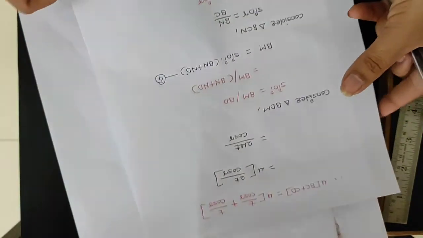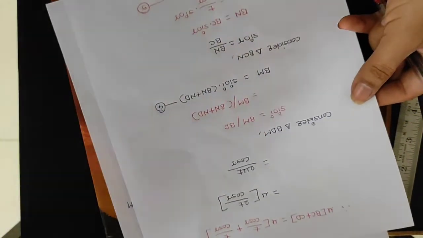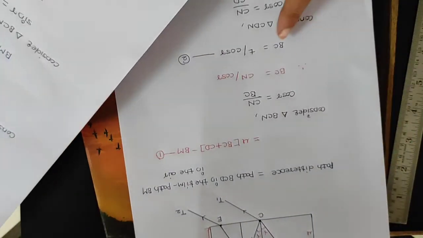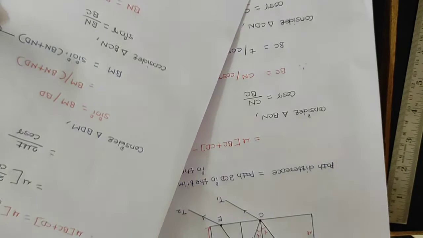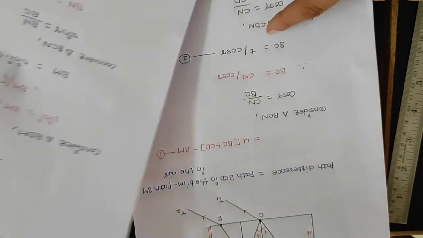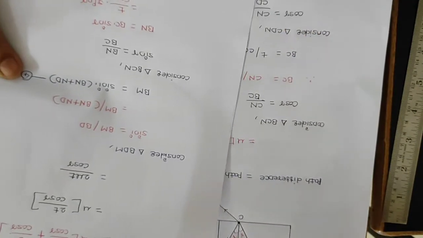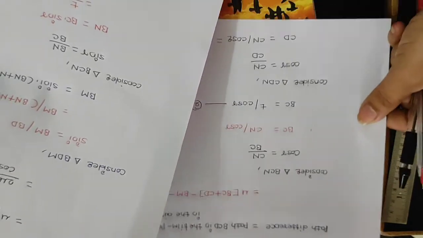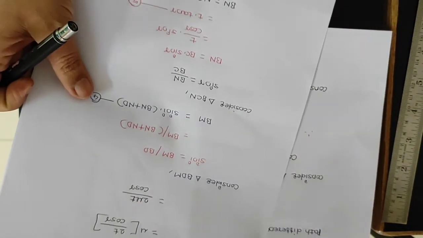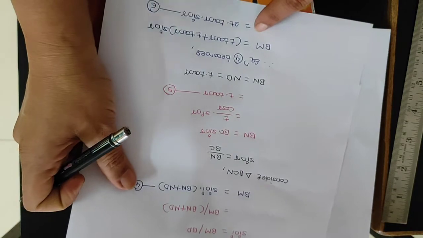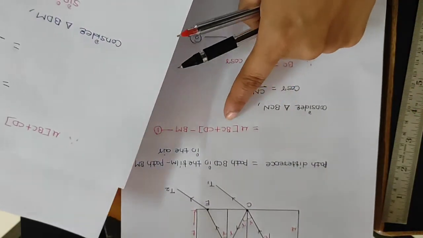Understood? Now after that, finally we get the value of BC, CD and BM. So all the values of BC, CD and BM in equation 1.